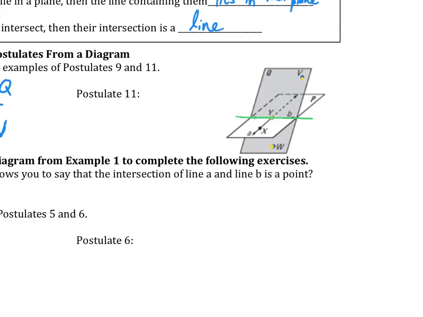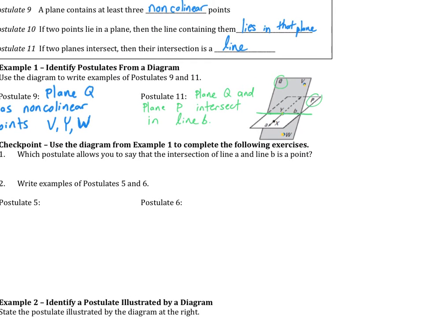So we would say plane Q and plane P intersect in line B. That gives us an example of postulate 11.